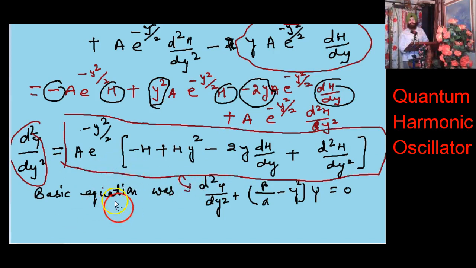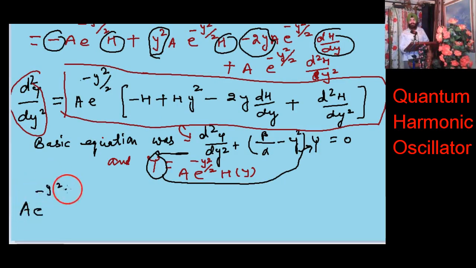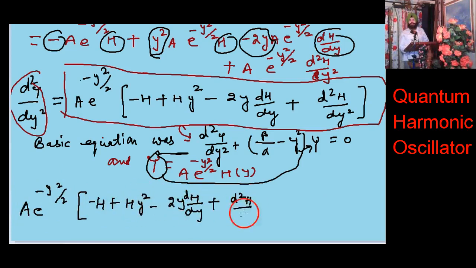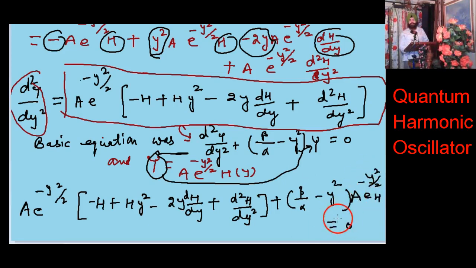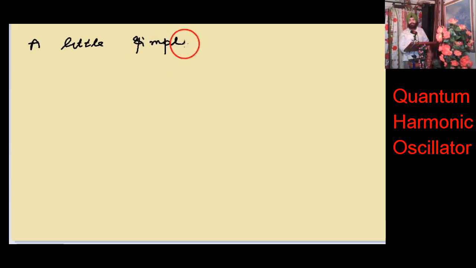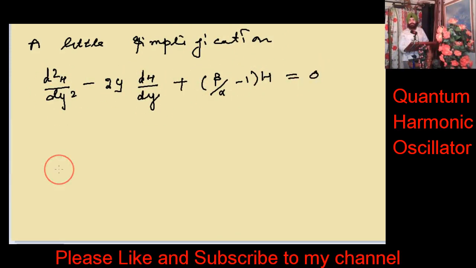Now substituting this value of d2 psi by dy square in the basic equation, as in my previous slide in the video, and also substituting psi here. So the equation reduces to this. Now just do the simplification, very simple. Now we are coming to this equation.